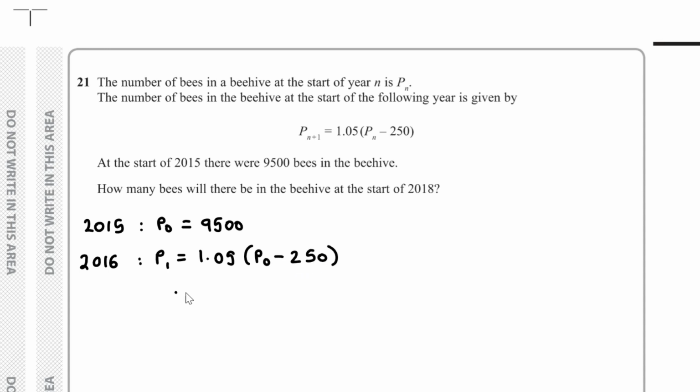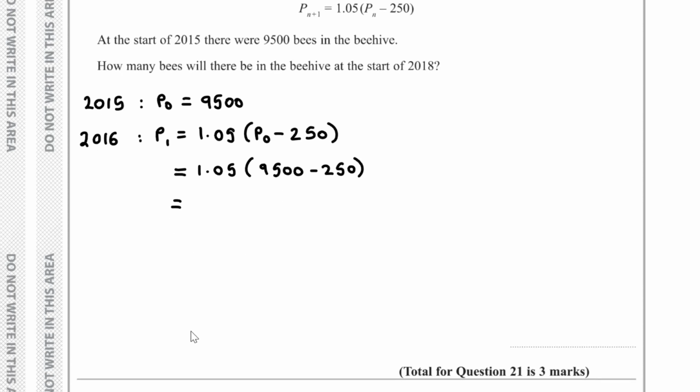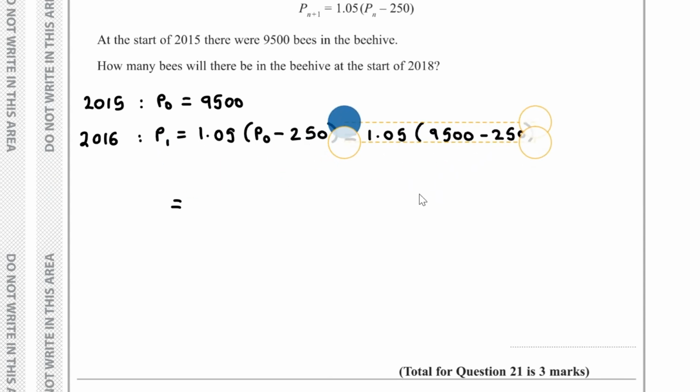So here we've got 1.05 lots of 9500 minus 250. And if we work this out, we can use our calculator quite easily. So let's just show it here.